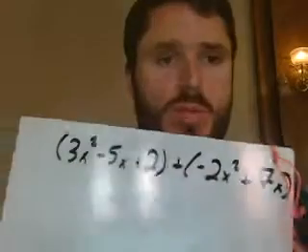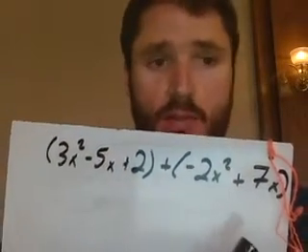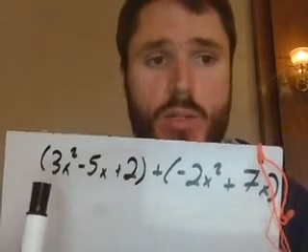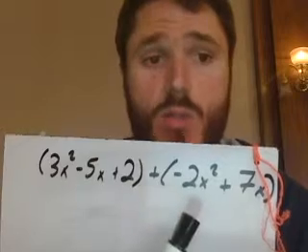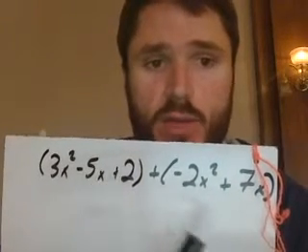3x squared minus 5x plus 2 plus negative 2x squared plus 7x. Well, do we have any like terms? Yes, we do. We have negative 5x plus 7x. Does the 3x squared have like terms? Yes, it does. 3x squared plus negative 2x squared, so we can combine those two like terms, and then we can combine the negative 5x and the 7x.